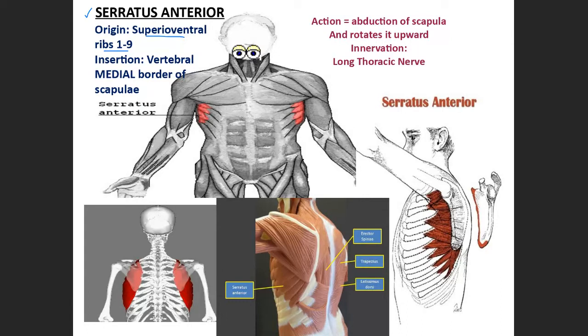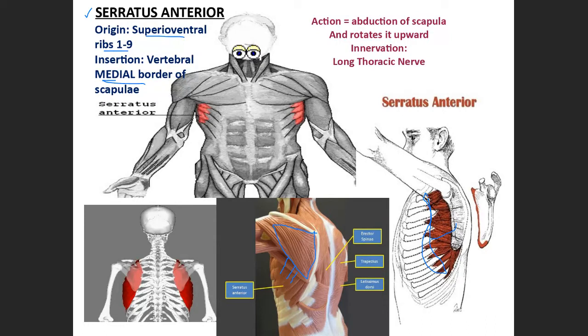So it's going to originate here, and it's going to insert on the clavicle along that medial border of the clavicle, okay? So here is the scapula, not the clavicle, I'm saying the wrong bone. So it's going to insert along that medial border of the scapula.